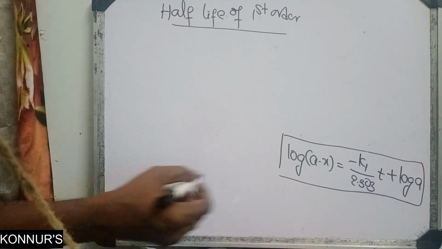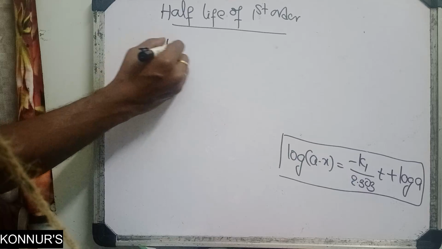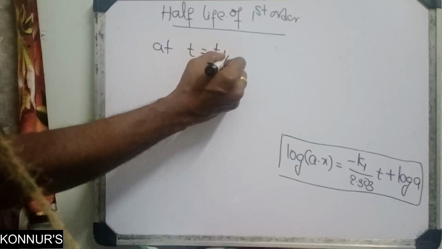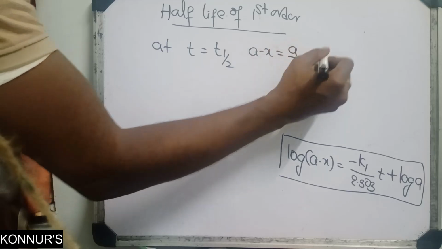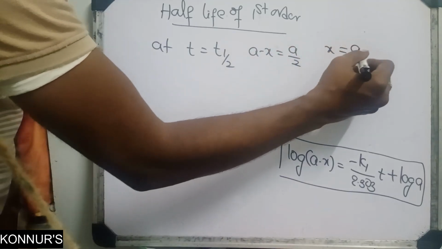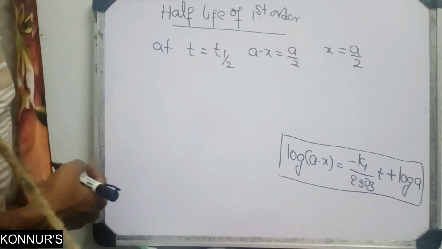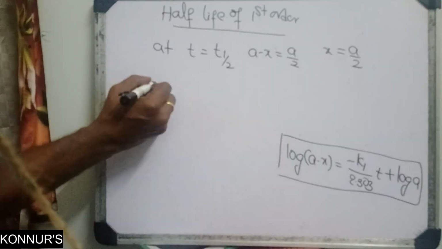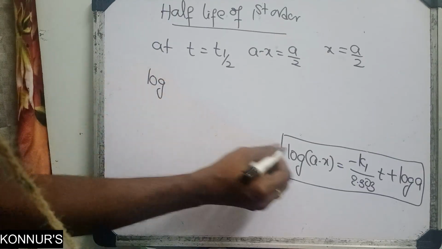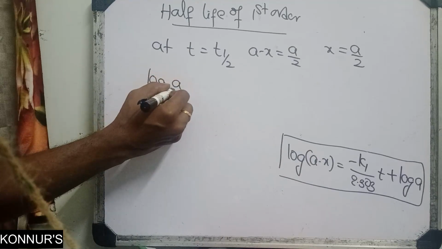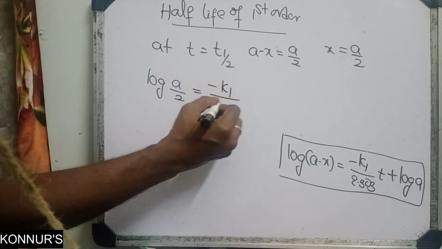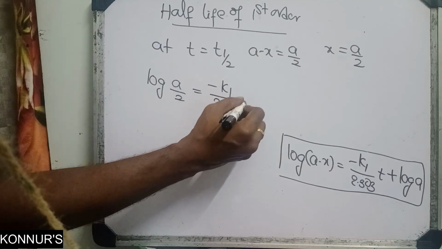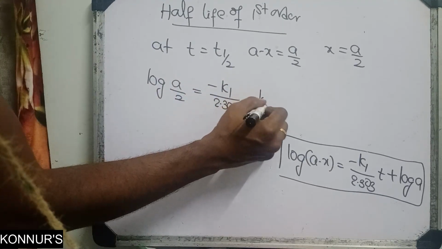So here, at t equal to t half, a minus x value is also a by 2, x is also a by 2. Already in the equation we discussed that. So here log of a minus x, that is log of a by 2, equal to minus k1 t by 2.303 plus log a.